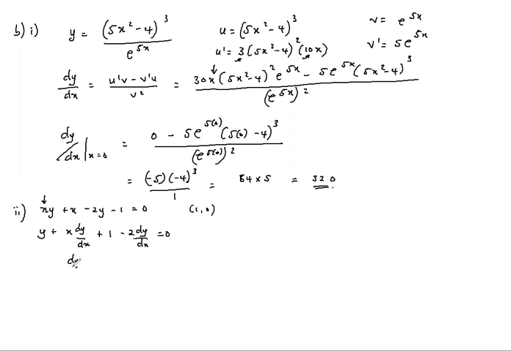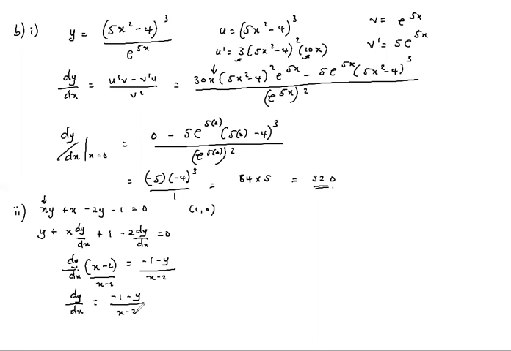So dy/dx times (x minus 2) is minus 1 minus y. Divide by x minus 2. So we have dy/dx is equal to negative 1 minus y over x minus 2. Then what next?